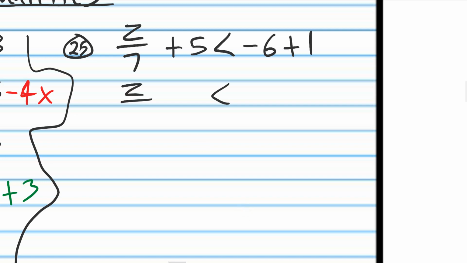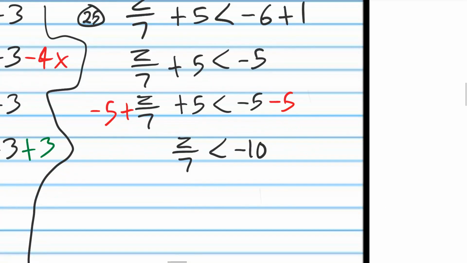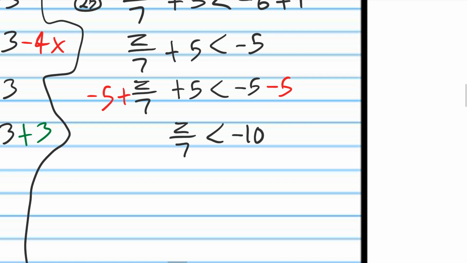All right, we're back. -6 plus 1 is -5. And so now we have to rewrite. All right, then we're going to multiply.